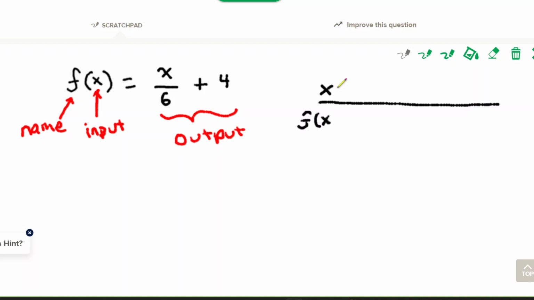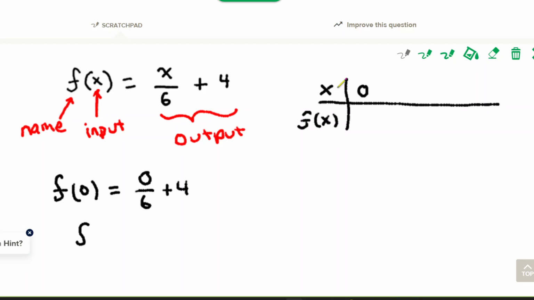What is f of x equal to? Now, if I were to start with, say, 0, here's how we're going to write this out. I replace x with 0 throughout this. So f of 0, this tells me the input is 0. And then over on the other side, we do a calculation, right? 0 divided by 6 plus 4.